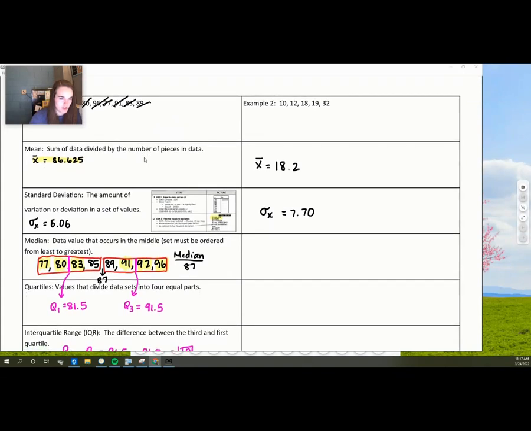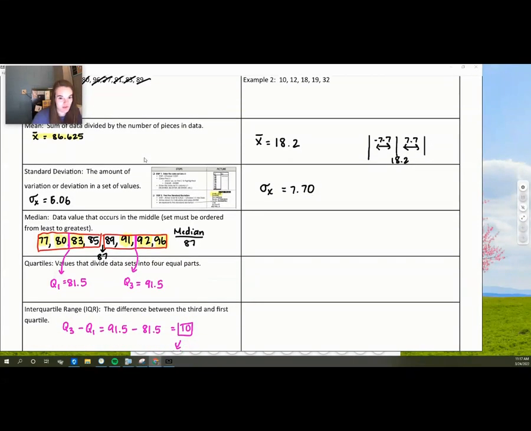In the median section here, our values are divided into 4 sections. And with the mean and standard deviation, you've got a mean of 18.2. And then 7.7 away, you have another value. And 7.7 away the other way, you have another value, okay? So it's kind of different, but it's talking about the variation between the two, okay? And this standard deviation is pretty big for such a low amount of numbers. The reason it's so big is because you've got that 32 out there.